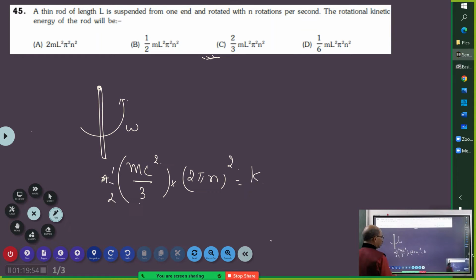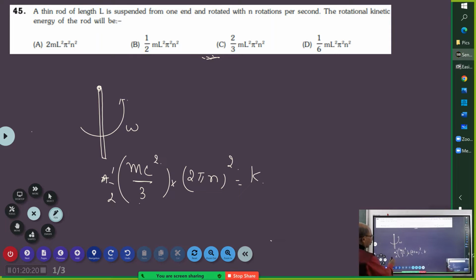So you just have to do this. It will be ML square by 3, and n rotations per second, so it will be ML square pi square n square, and the 2 pi n square will be 4.